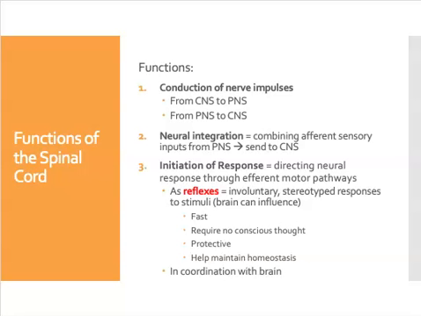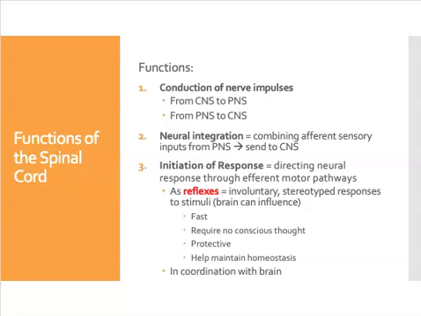If you recall from the stimulus response pathway that we discussed, the job of the central nervous system is to not only integrate this incoming sensory information, but to make a response. So the spinal cord is involved in directing that response out into the peripheral system along efferent motor pathways.